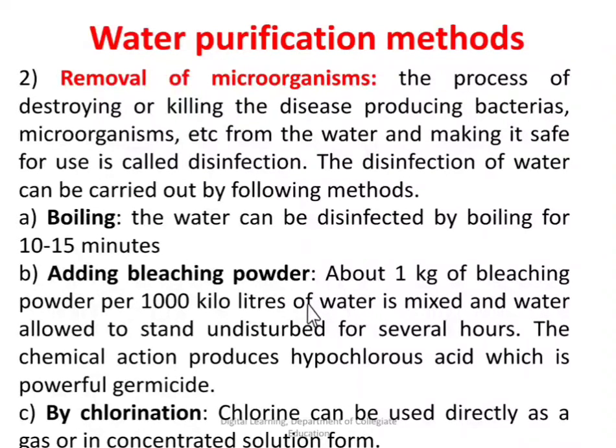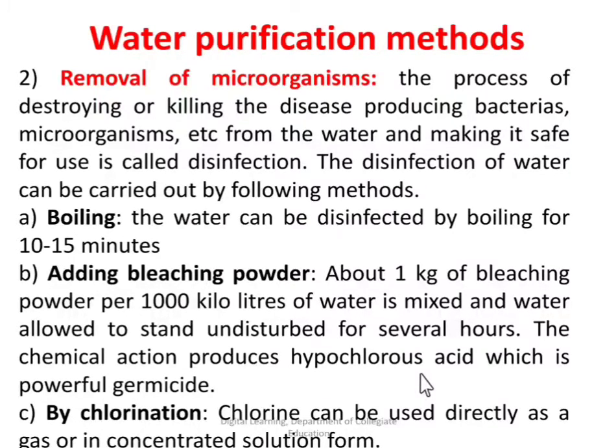Another method is adding chemicals like bleaching powder. About 1 gram of bleaching powder per 1000 kiloliters of water is mixed, and the water is allowed to stand undisturbed for several hours.